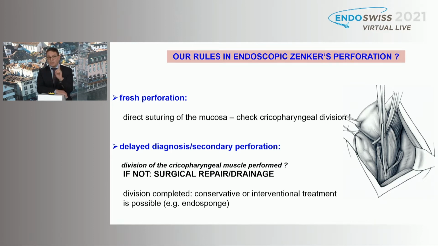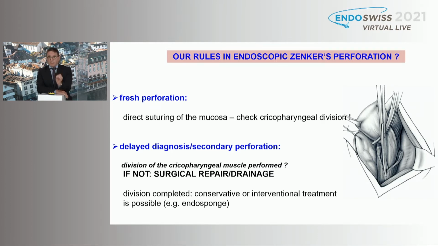Second thing, remember the CT scan, is it contained or is it non-contained? These are the two most important questions. And in Zenker's perforation, there is one more important question I want to focus on.